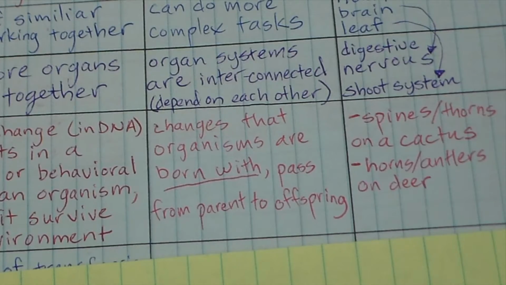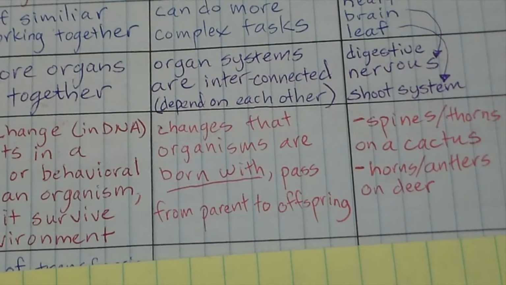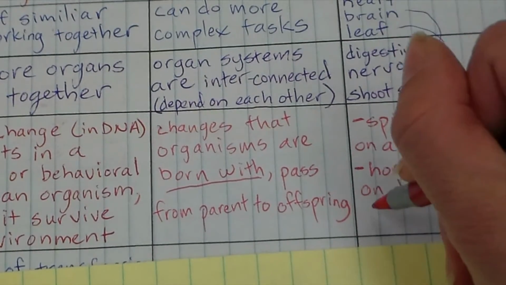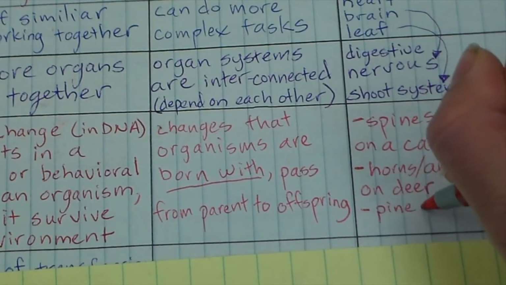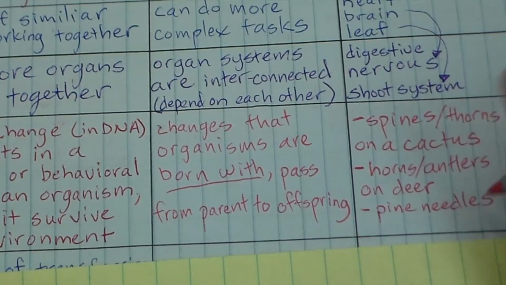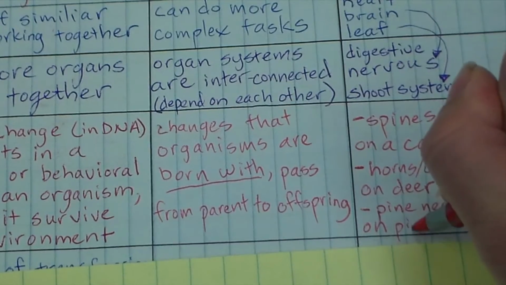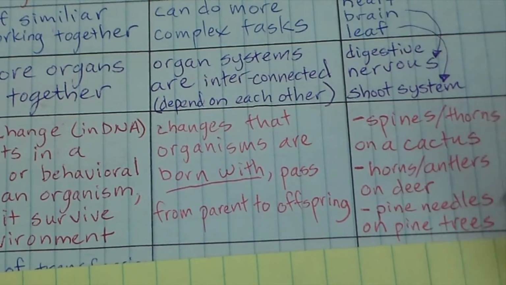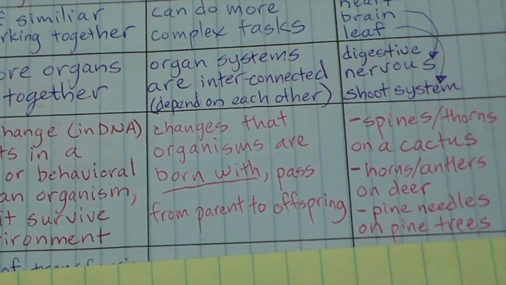So horns or antlers on deer or different kinds of sheep or goats, right? Those are definitely adaptations that help them survive in their environment. And I'm just going to do another plant example, especially because we're going to be talking about plants this week. Pine needles, right? The fact that trees have needles instead of leaves, pine needles on pine trees, right? That is definitely an adaptation that helps them to survive in an environment that can get very cold and also have snow. So again, those are just 3 examples.